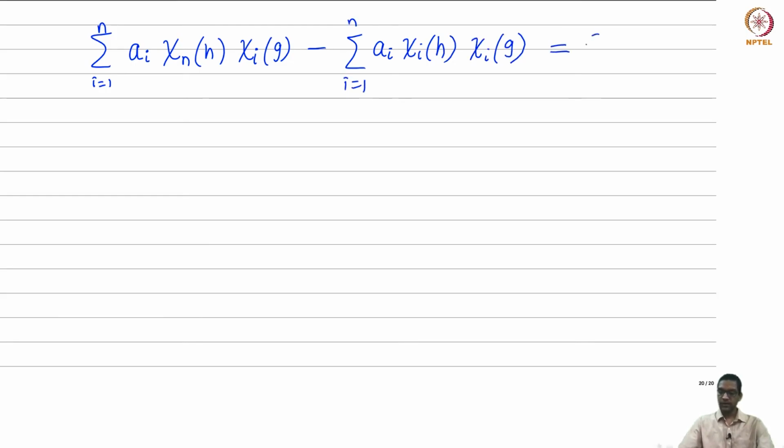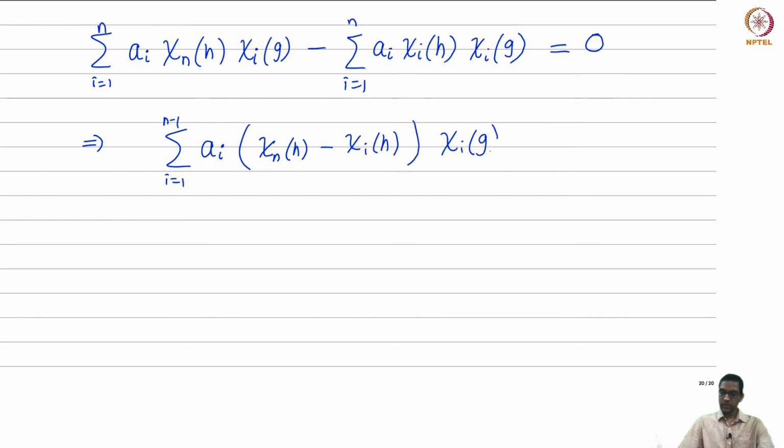So this difference is of course also 0. But now observe that the nth terms in these two summations cancel each other. So I can rewrite this as the sum from 1 to n minus 1 of AI times chi n of H minus chi I of H, times chi I of G, is 0. And this is true for all G in the group.